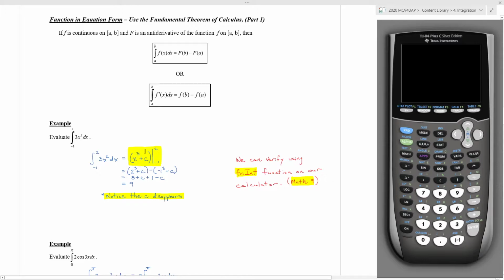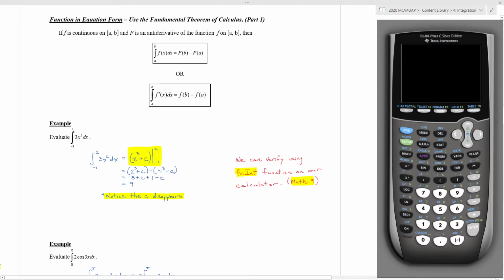Okay? And then I've drawn a vertical line with the upper and lower limits attached to it. So what that vertical line means is take what's in front of it, your antiderivative, sub in the 2 first, then sub in the -1 and subtract the 2.